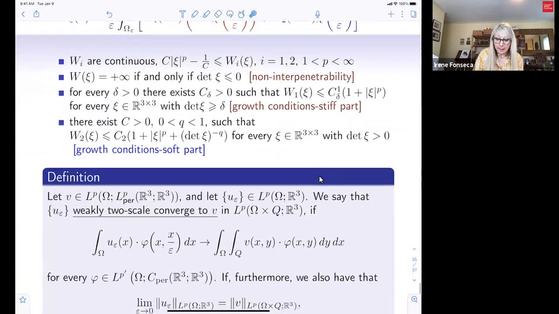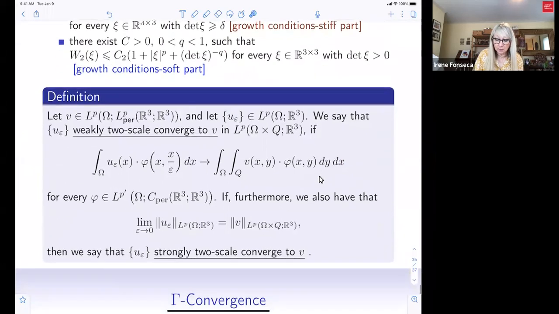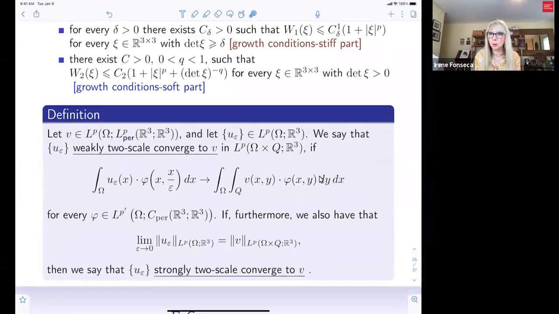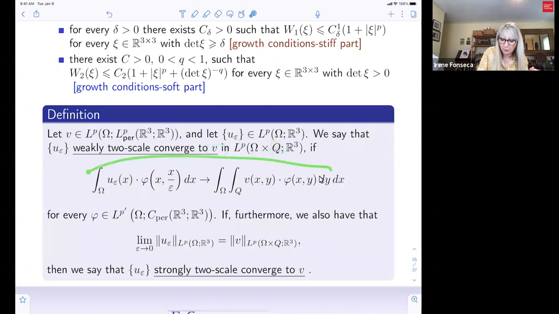And I'm going to assume in particular that these are the growth conditions on the soft part. And our result is going to use the notion of two-scale convergence. This is going back to Allaire and Nguetseng. So I just remind you what two-scale convergence means. So if you have a sequence U epsilon that lives in LP, we say it two-scale converges to a field V that now picks up another variable, which is basically the homogenization variable, if you have the following conditions.